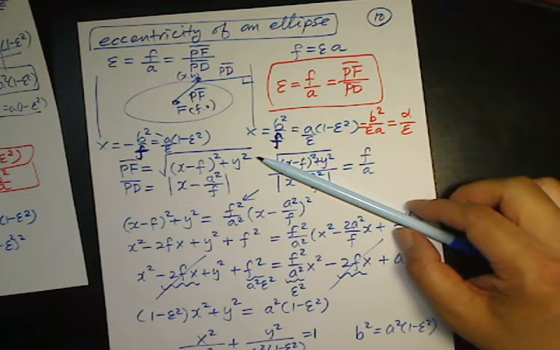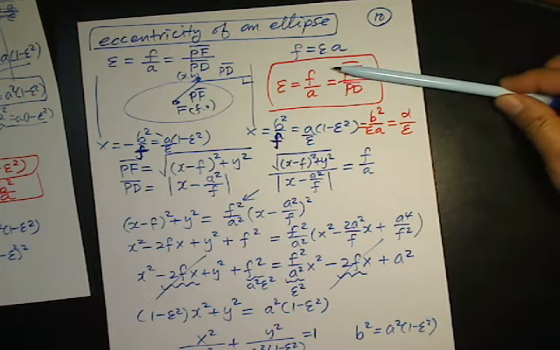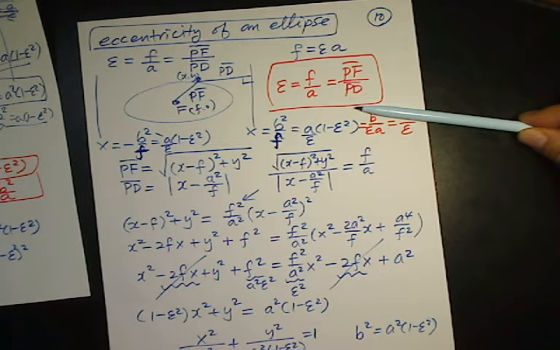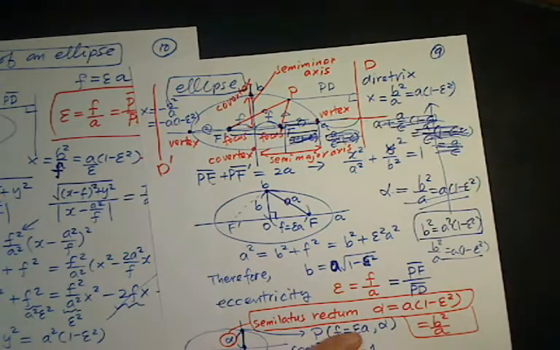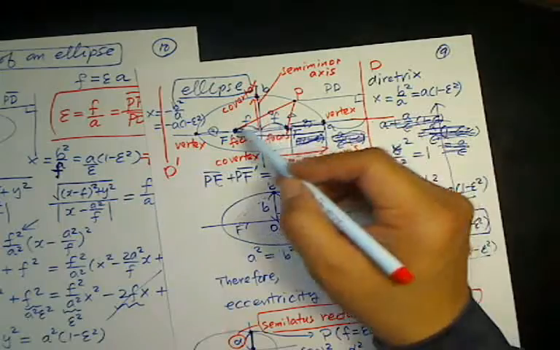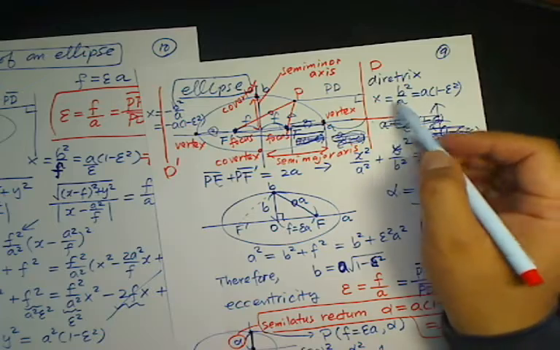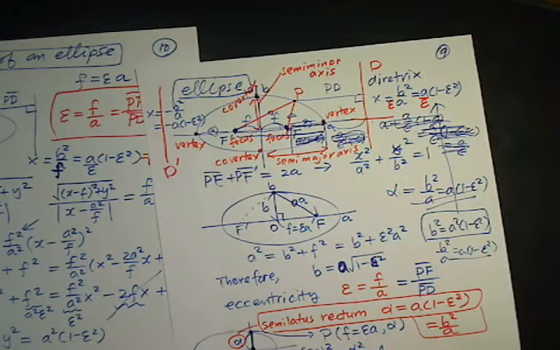Focus divided by a is epsilon, and this ratio, right? So this is wrong. Here I missed the factor of epsilon, because this to this should be epsilon. Epsilon must appear here.